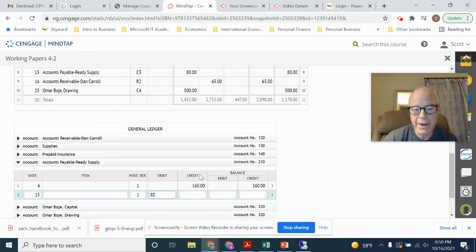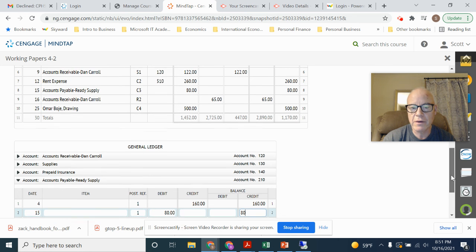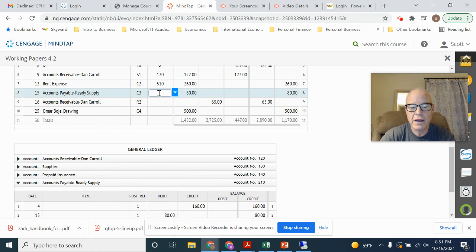Now here we have to do some math because we had an initial balance of 160. We're debiting 80. And so our new balance is going to be a credit balance of 80. We had our initial balance 160. We decreased it by 80. And now our new balance is 80. Step 5 would be to put back the account number 210, accounts payable, Reedy Supply.